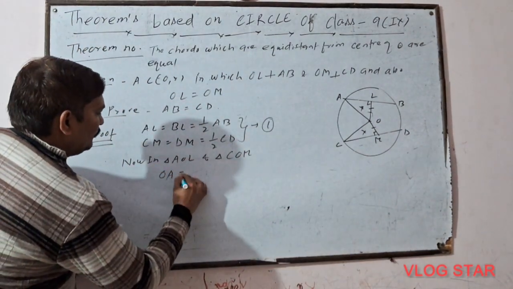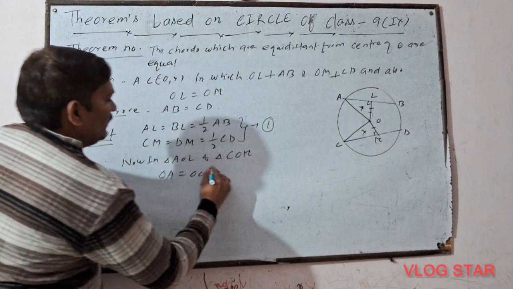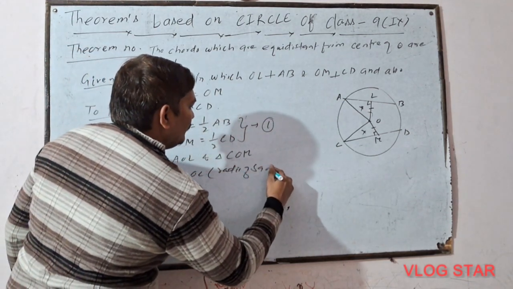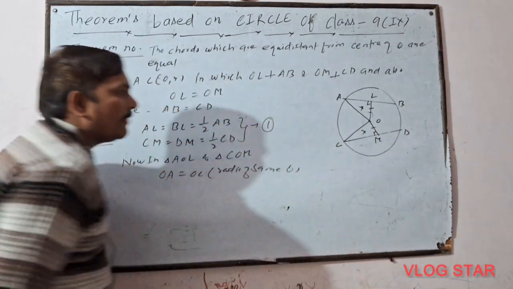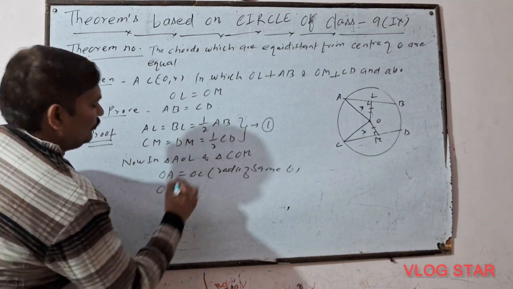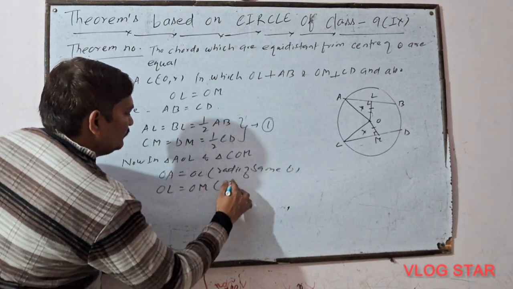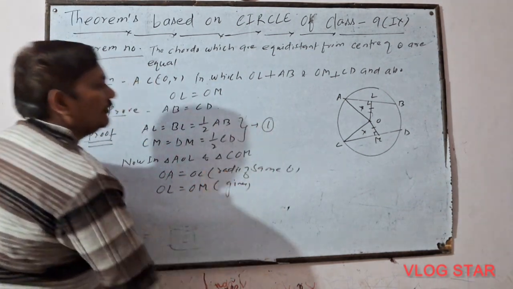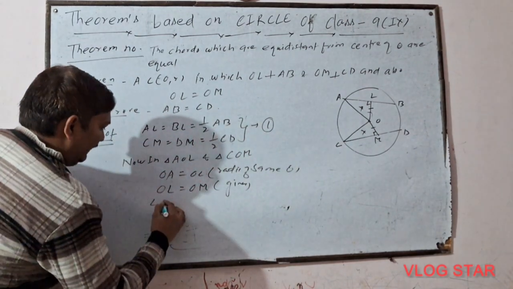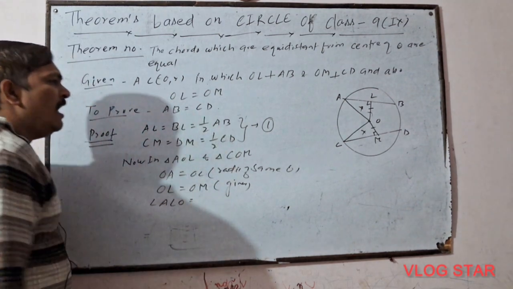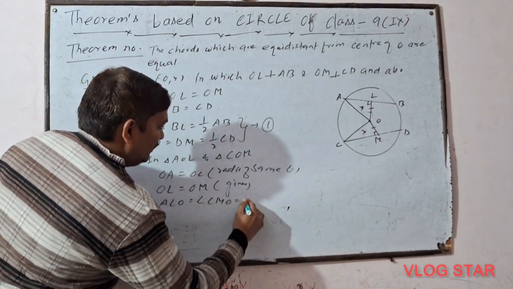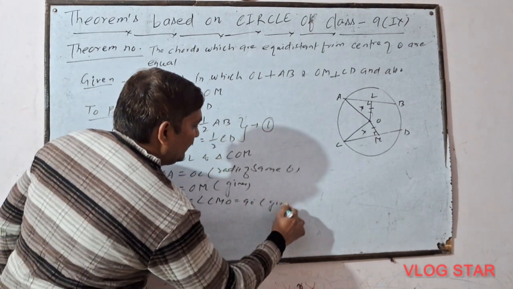OA equals OC, that is radii of same circle, and OL equals OM, given. Okay. Angle, sorry, ALO equals CMO is 90 degrees, this is also given.